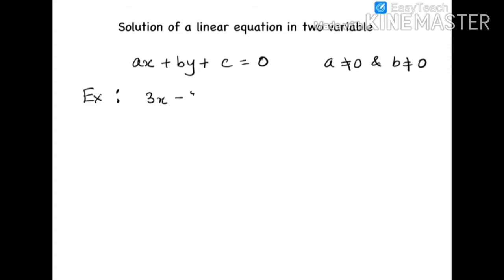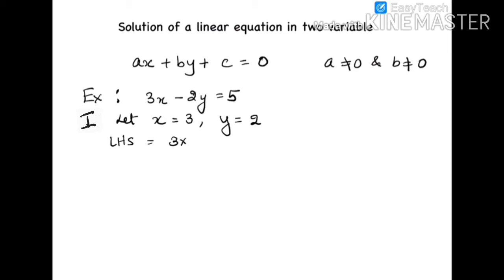3x minus 2y is equal to 5. Let's consider x as 3 and y as 2 in this equation. So the left hand side of the equation will be 3 into 3 minus 2 into 2. That is equal to 9 minus 4, which is equal to 5, which is equal to right hand side of the equation.